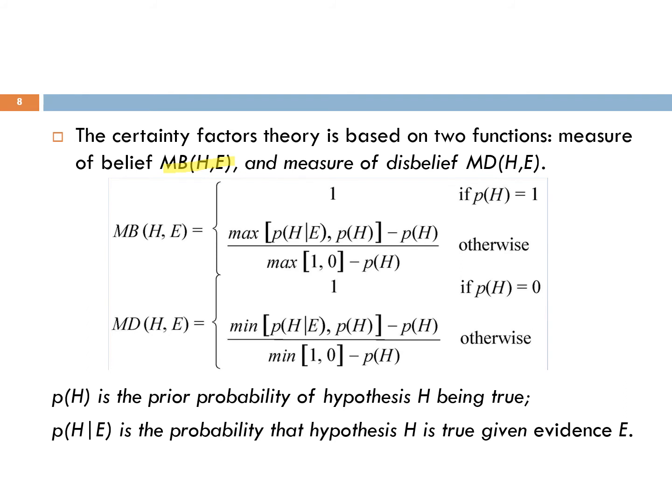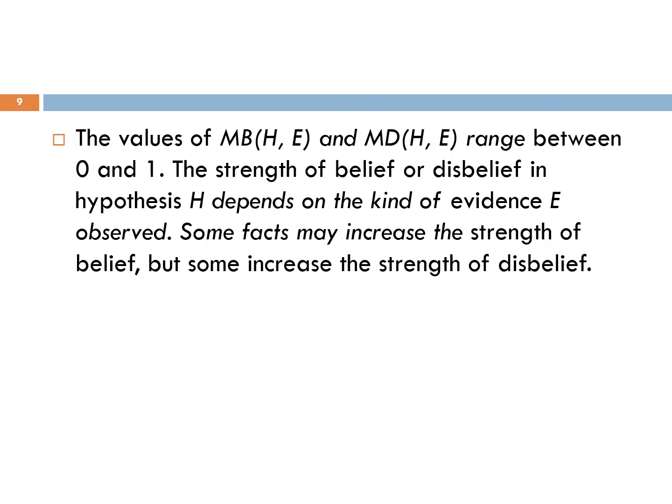P(H) is the prior probability of the hypothesis H being true, and P(H|E) is the probability that the hypothesis H is true given the evidence E. The values of measure of belief and measure of disbelief actually range between 0 and 1.